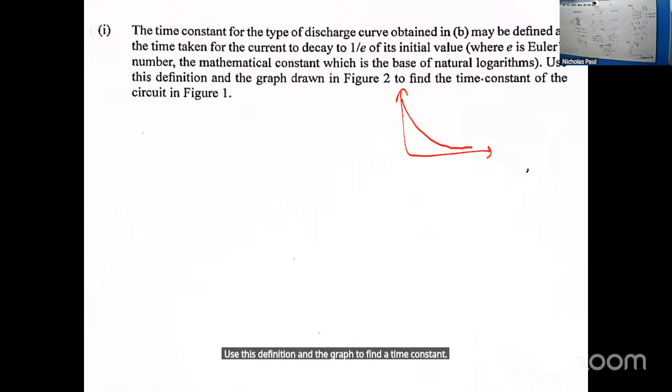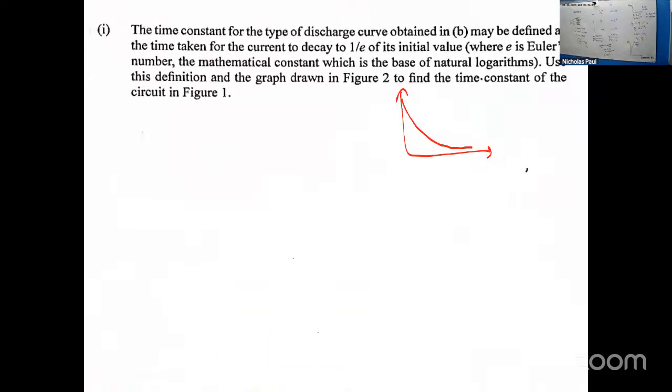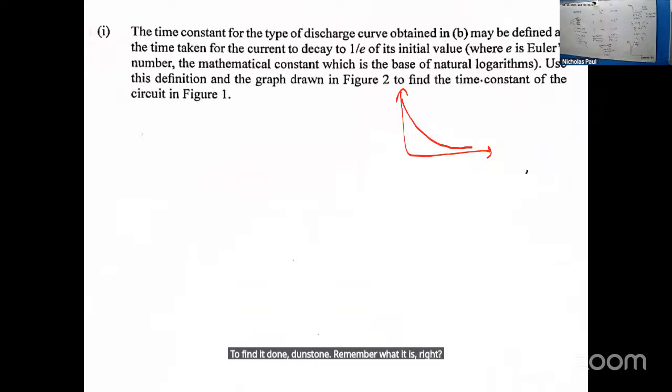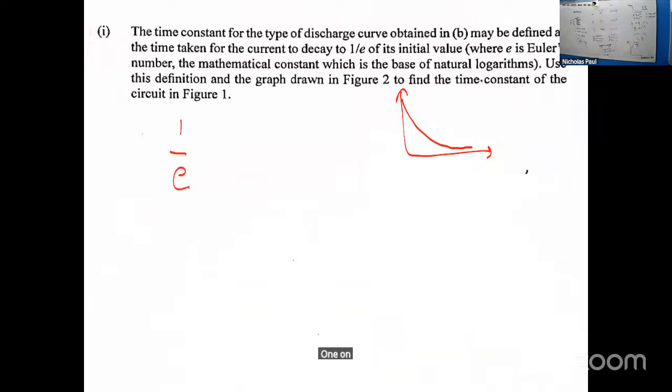So all you have to do is find what? Remember what it is: the time taken to go to 1 on e of the initial value.